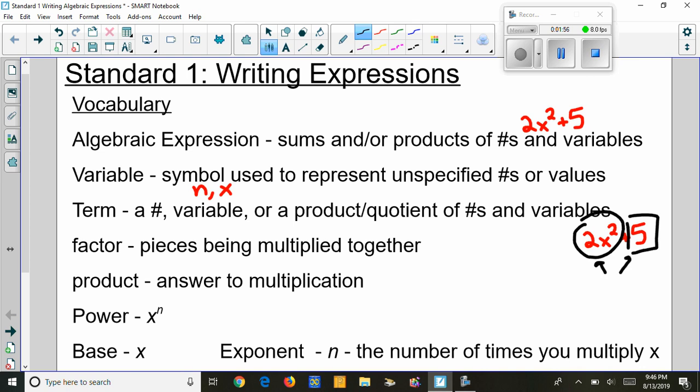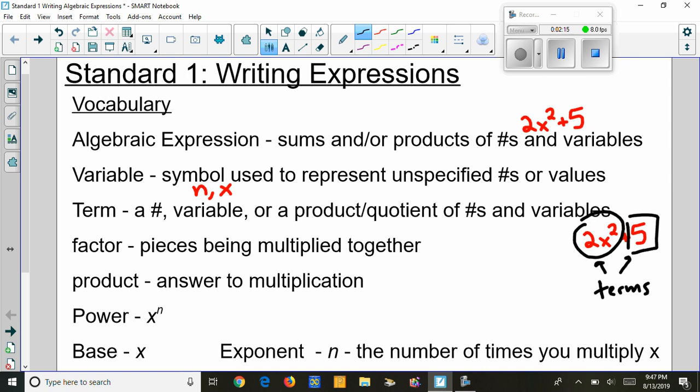These are both terms. An expression is just multiple terms being added to each other or subtracted from each other.